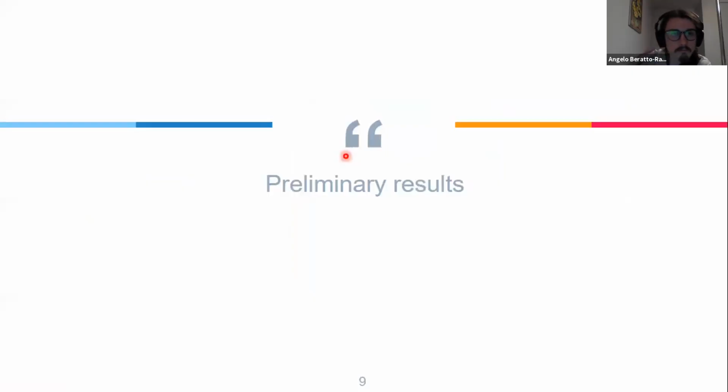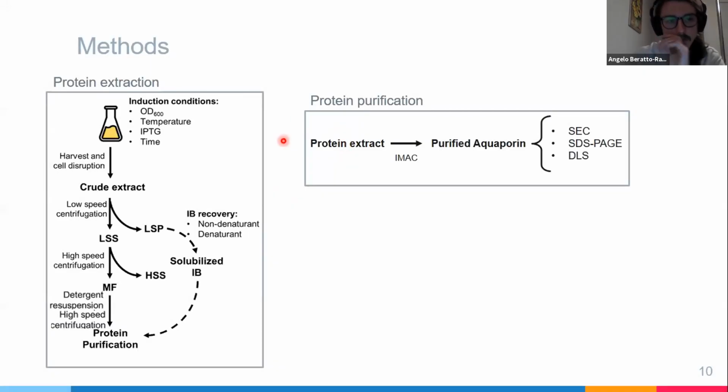Now I'm going to show some preliminary results. Well, in brief, as methods: after we define a proper gene of the protein, we transform it into an E. coli strain and define the culture and induction conditions.